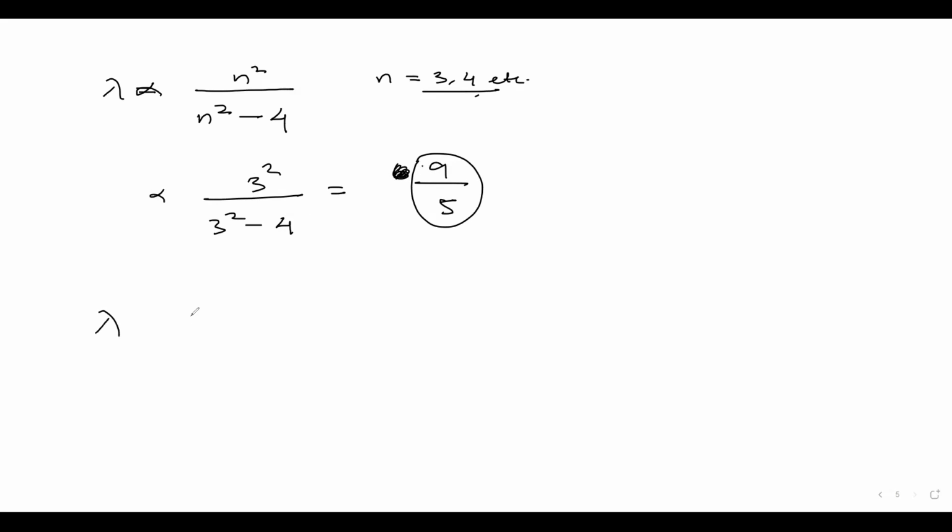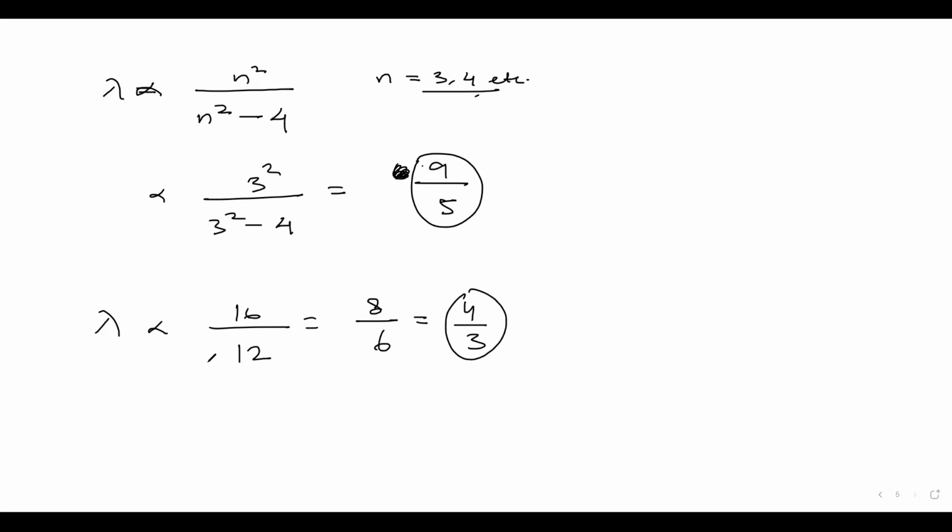Again, for n equal to 4, it is 16 upon 16 minus 4, which is 12, which can be written as 4 by 3. So 9 by 5 and 4 by 3.